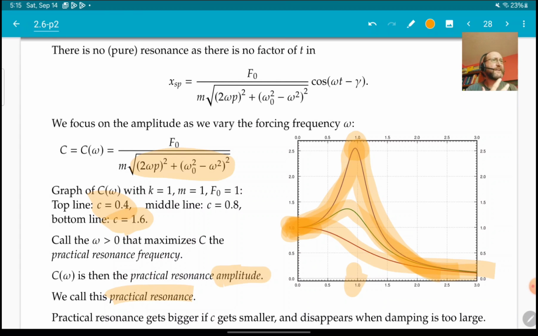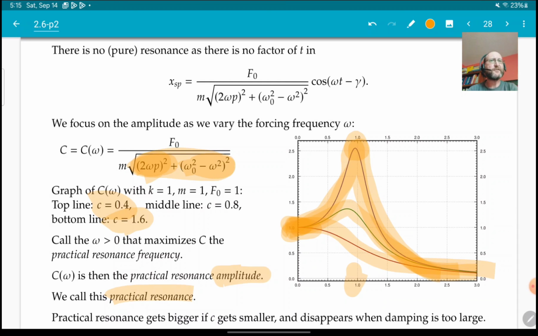so they should both be small. Obviously when c gets small, then this first term gets small, and when omega gets close to omega naught, this gets small, but also we have to worry about what's happening to the first term.